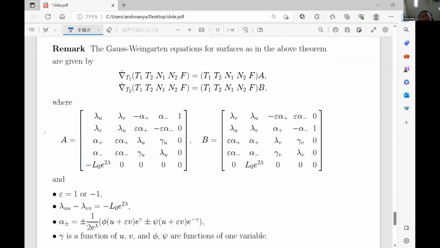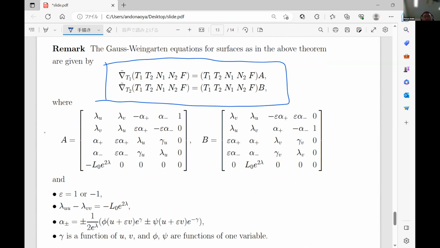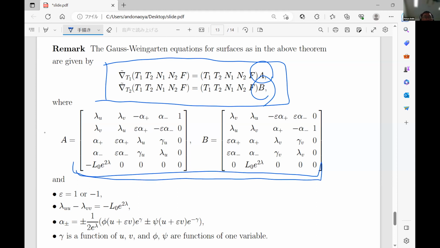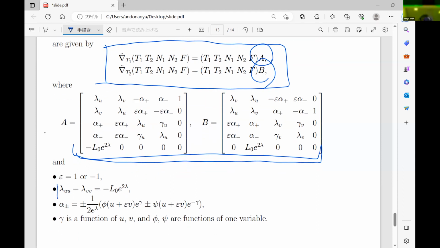The Gauss-Weingarten equations for surfaces satisfying condition B are given by these equations. These matrices A, B are given in the form. This condition corresponds to the curvature condition.